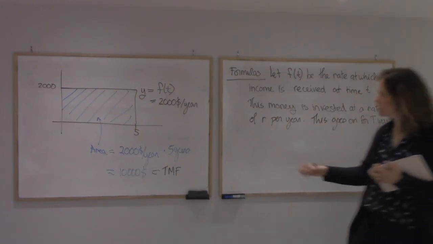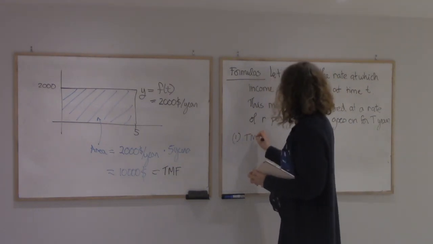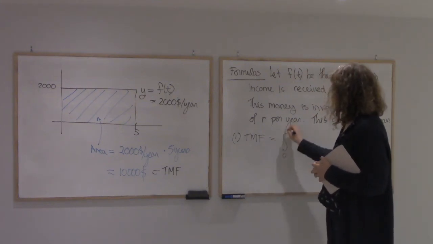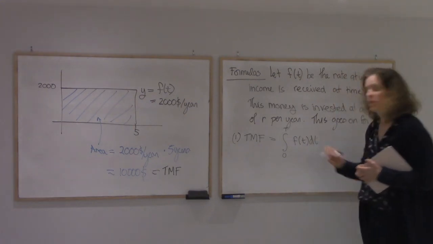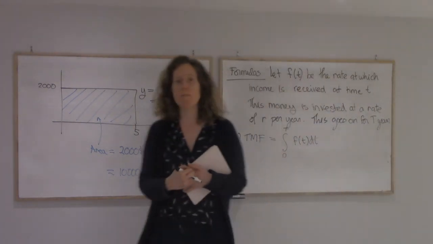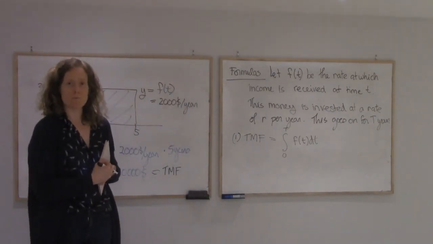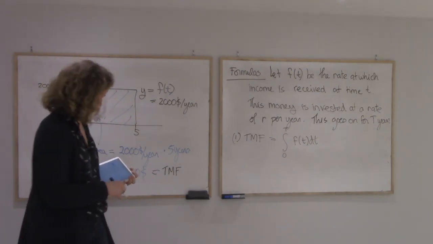Then from our picture here, you could see that the total money flow is going to be the integral from 0 to T of f of t dt. That's the area under the curve, and that's going to tell you how much money was invested. Again, capital only, no interest.